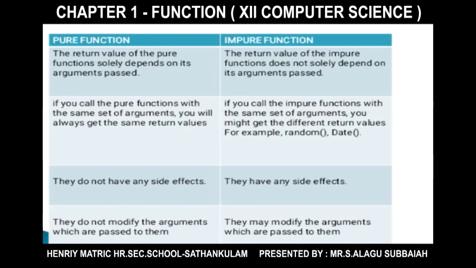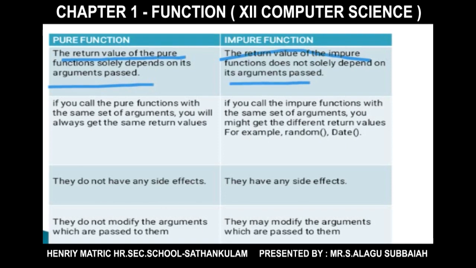Next, we will see the difference between pure functions and impure functions. The first one is the return value. The output of a pure function depends on the arguments passed to the function. In impure functions, the return value does not depend on the arguments passed.